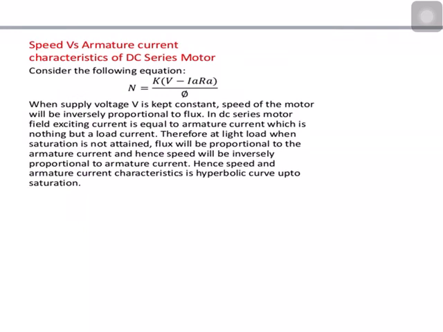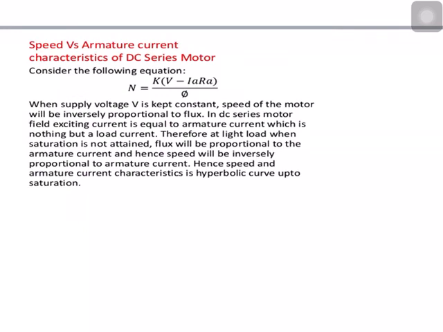We know that N is directly proportional to EB by phi. For small load current, hence for small armature current, change in back EMF EB is small, and it may be neglected also.